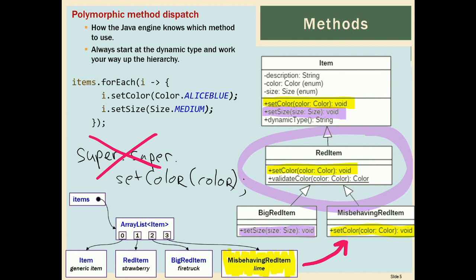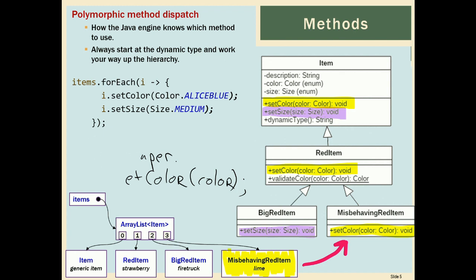So the misbehaving red item can't circumvent red item by going up 2 levels of the hierarchy to get the item's method. This means that the code that we have in misbehaving red item simply has to repeat the code from the item class. It can't reference it.